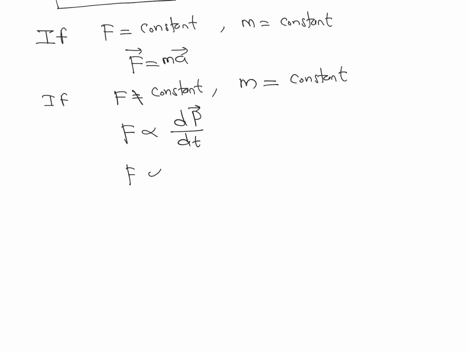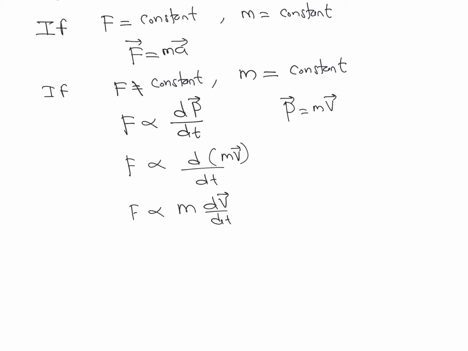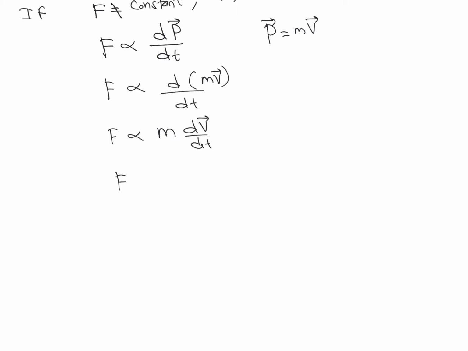If mass is a constant, momentum is the product of mass into velocity, so it is d by dt of m into v, which is m into dv divided by dt. In kinematics, we already discussed that dv by dt represents the instantaneous acceleration.